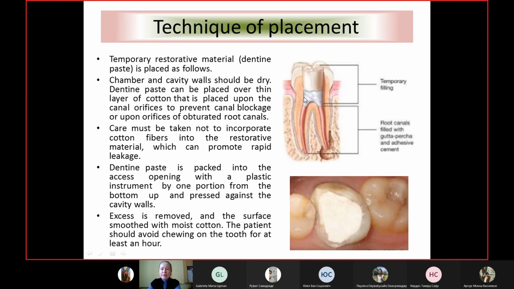The cotton is used in this way to prevent packing of dentine paste into the root canals. Possibly it's an interim restoration and the root canal is filled. So the main task of this material in endodontic cases is to prevent packing of food and to make the patient comfortable during eating.